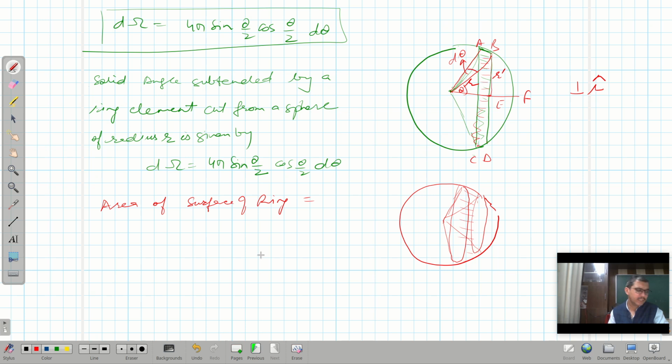So area of the ring is basically the circumference of the ring into its width. So its circumference is equal to 2 pi r.